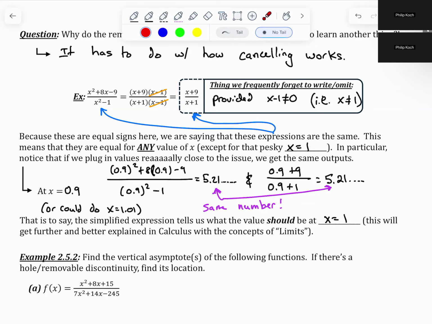So in particular, what that's telling us is that I can get really, really, really close to 1 and they're equal to each other. So this thing is telling me what this value should be at 1. What I should have, but I cannot get. That's what it's trying to say, is that the simplified version says what the expression should be if it could be plugged in.